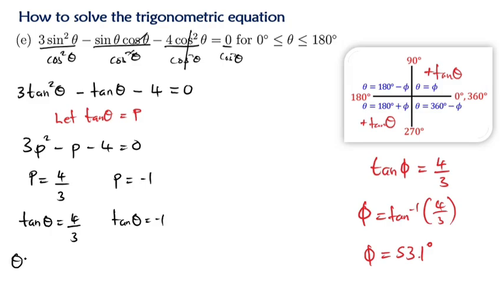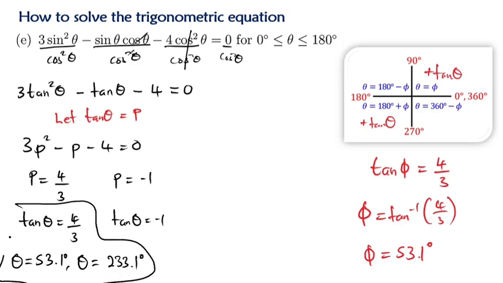So this means that theta is equals to 53.1. In the third quadrant, we have to say theta is equals to 180 plus phi. So that is 180 plus 53.1. That gives us theta being equals to 233.1. So this is for this particular equation.